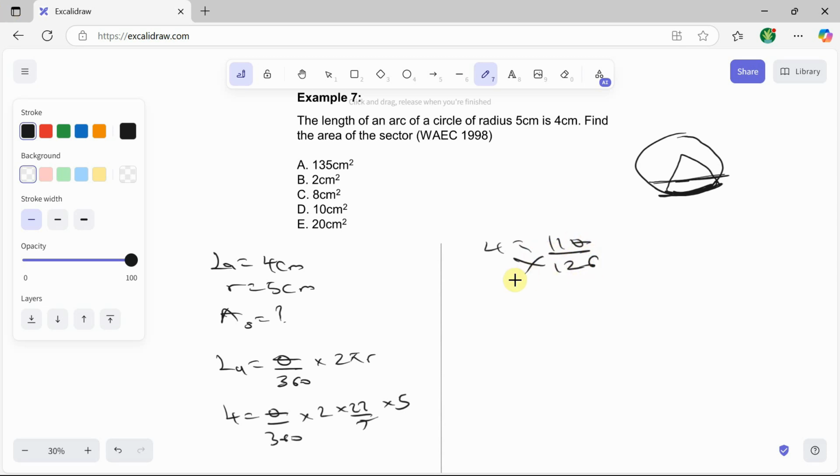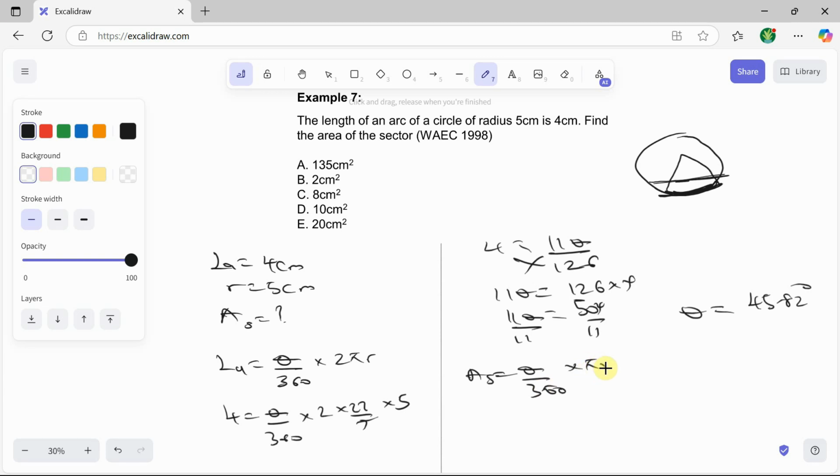If I cross multiply, 11 theta is equal to 126 times 4, that's 504. If I divide both sides by 11, my theta would be equal to 45.82 degrees basically.